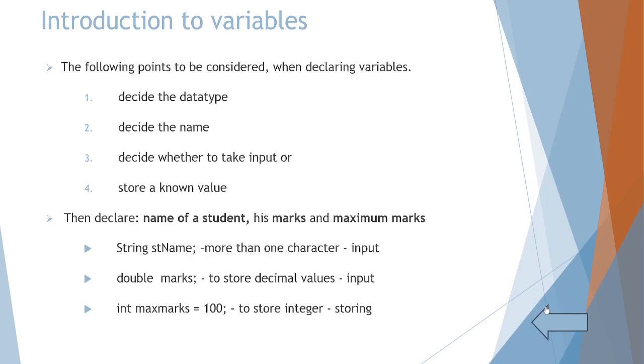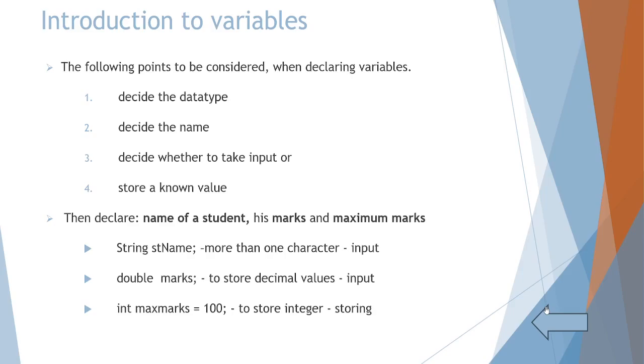If we want to store decimal places, then it should be double or float. We have discussed data types. Now, after deciding the data type, we need to decide the name according to the context. Then decide whether to take input or store a known value.